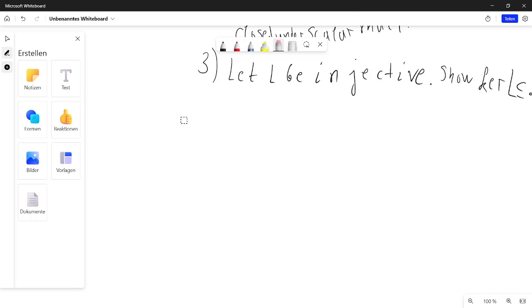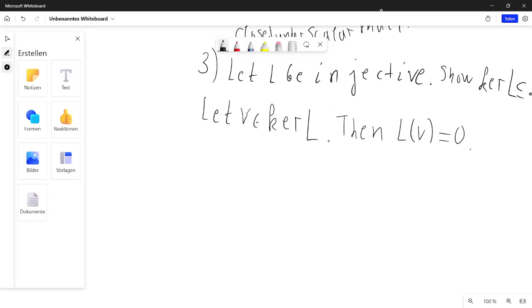Right. Okay, it's much easier. Sorry. You probably already see how it works because I have written it down as a part of my side jump, right? That if v is in the kernel of L, then L of v is equal to 0.